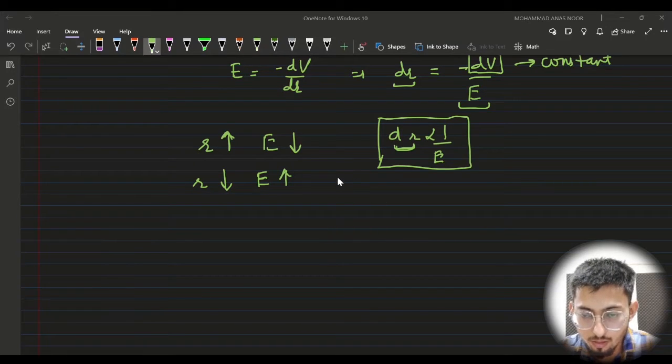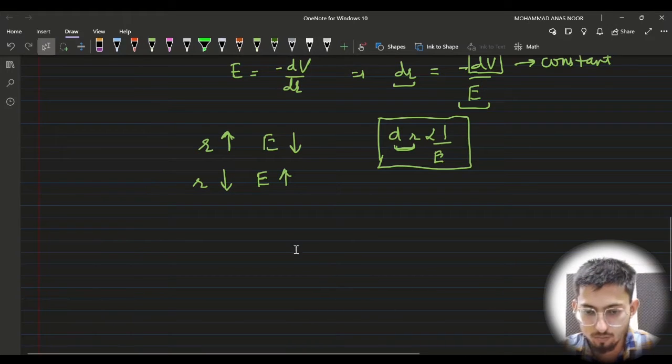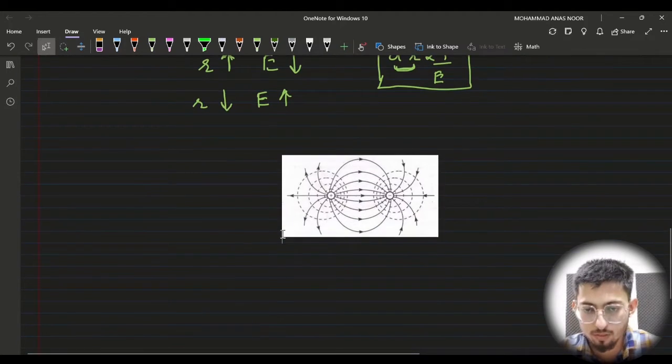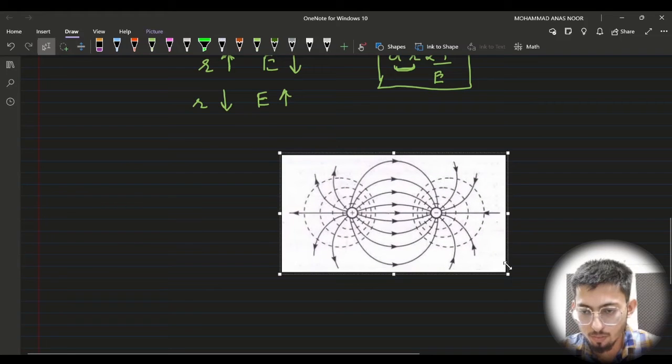Let me see if I can copy this. You can understand this example.